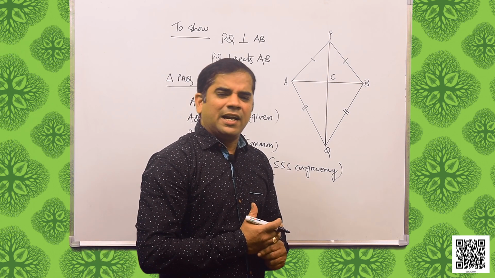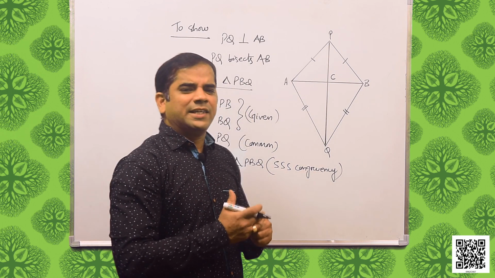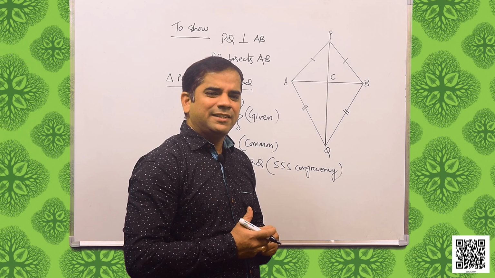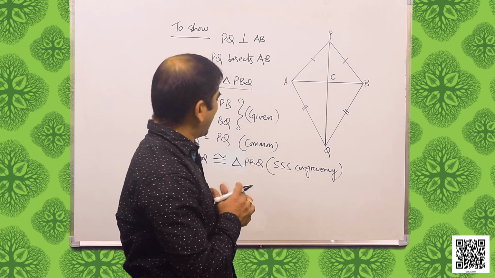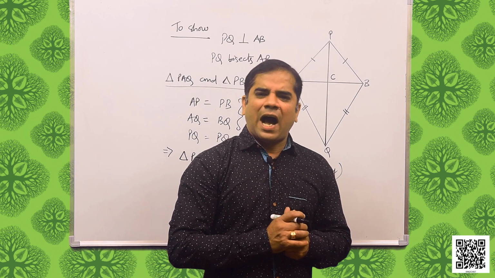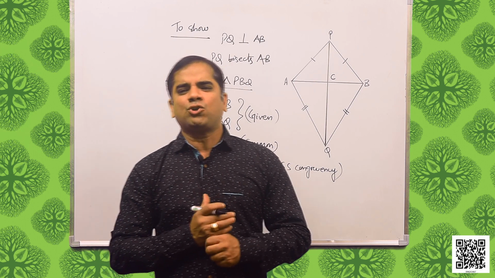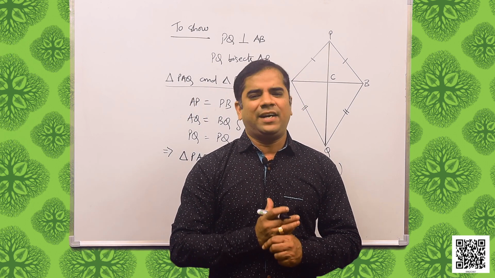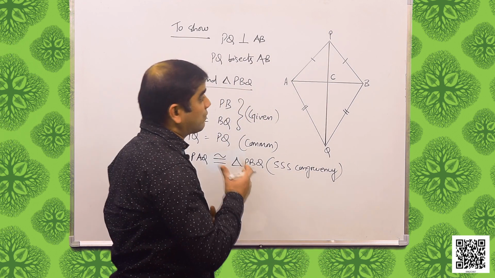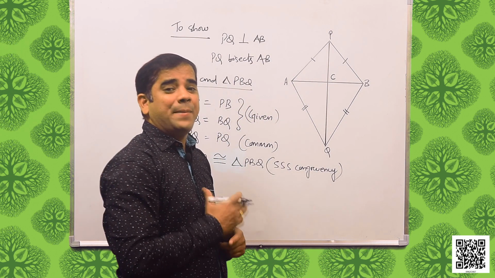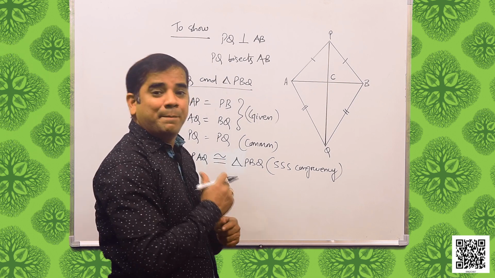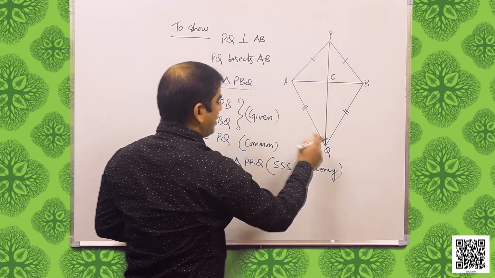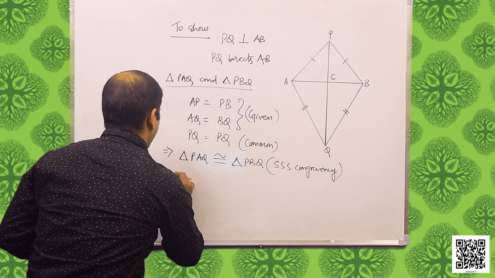And let us now consider triangle PAC and triangle PBC. Before that, as triangles PAQ and PBQ are congruent, what else have we got?